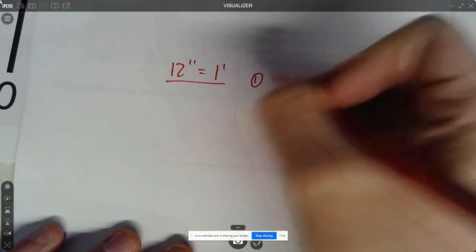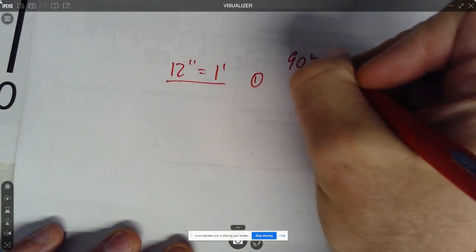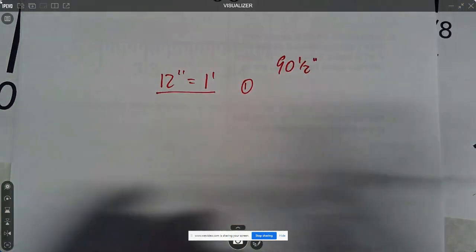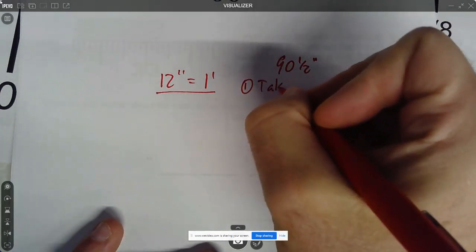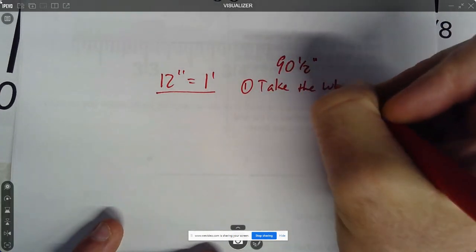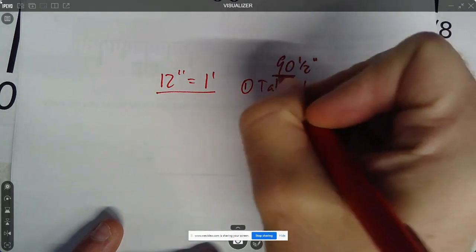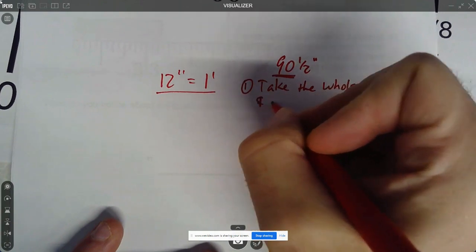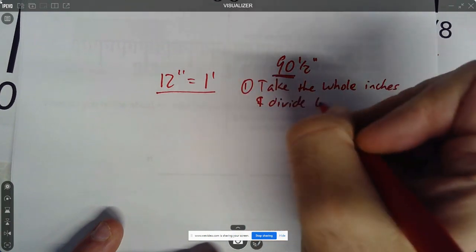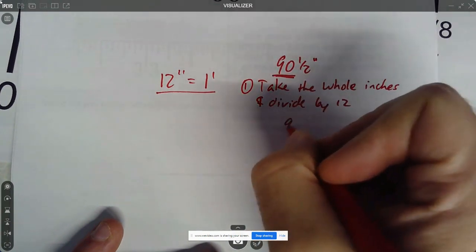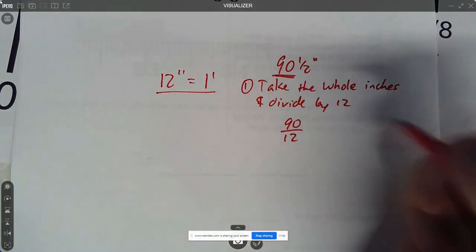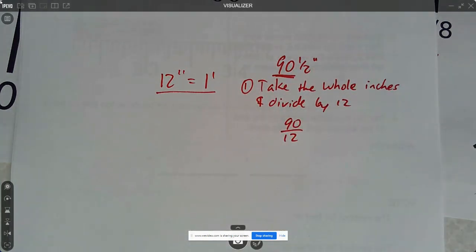So in this example, the first step is, we're starting with this 90 and a half inches, and we take the whole inches, which is that right there, and divide by 12. So 90 divided by 12. You can use a calculator to do that if you need to.